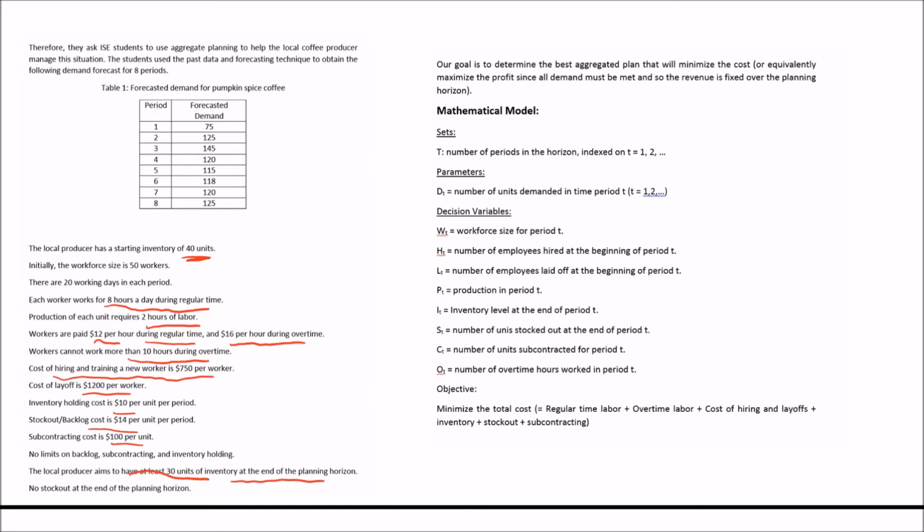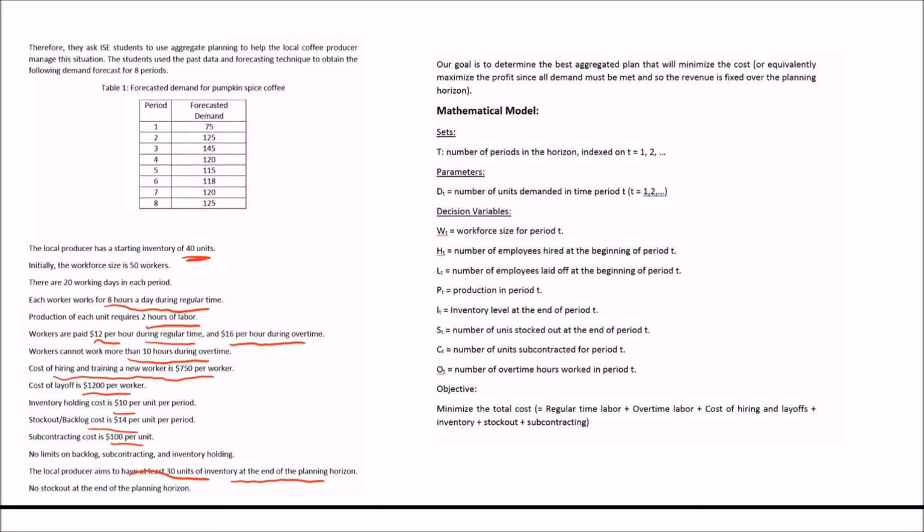And the last restriction here is no stock out at the end of the planning horizon. So we don't want to have any stock outs. So this is basically the story of what we have, the local producer's situation.